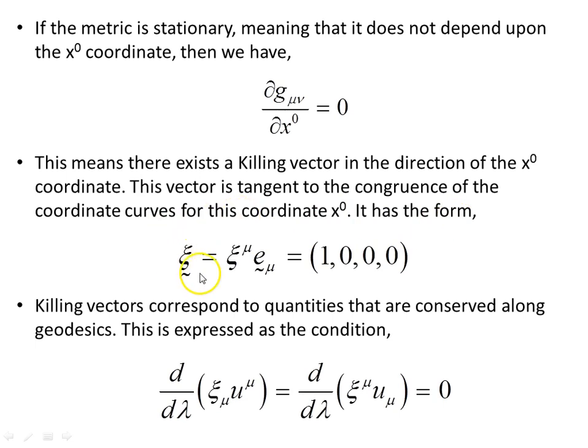It has the form zeta, I think it is this object here, which gives us this unit vector here. Now Killing vectors correspond to quantities that are conserved along geodesics, and so this can be expressed as a condition where d/dλ, remember we parameterized our curves according to λ, of the inner product of the Killing vector with the forward velocity, is the same as this inner product here with the indices swapped around, is 0.